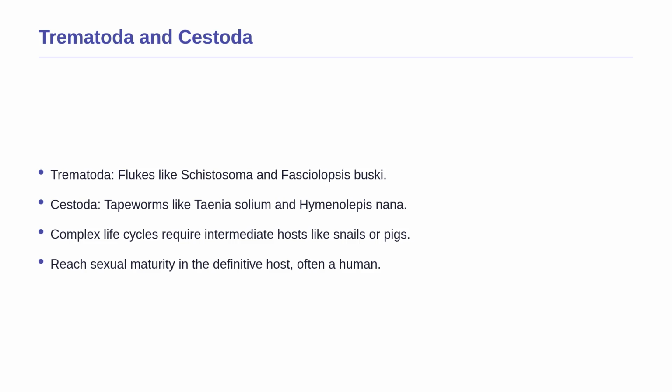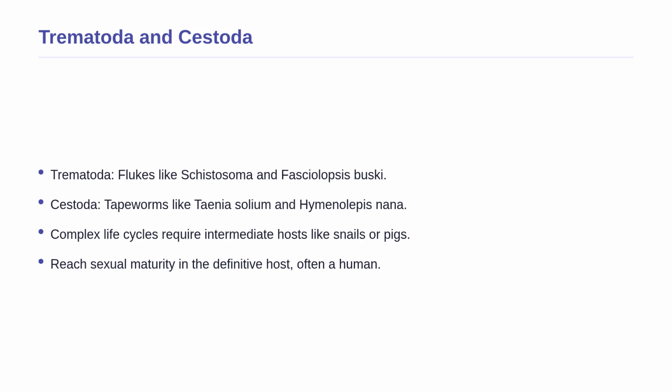Building on their unique anatomy, we classify these flatworms into two major medically important groups. First, we have the class Trematoda, which includes flukes like Schistosoma and the giant intestinal fluke, Fasciolopsis buski. Second, we have the class Cestoda, comprising tapeworms, such as Taenia solium.